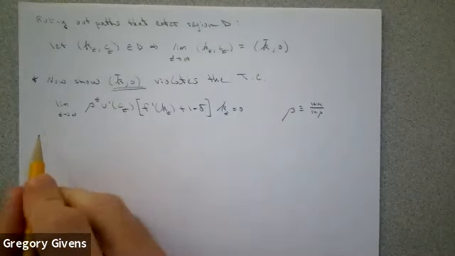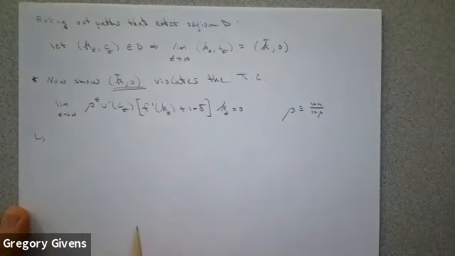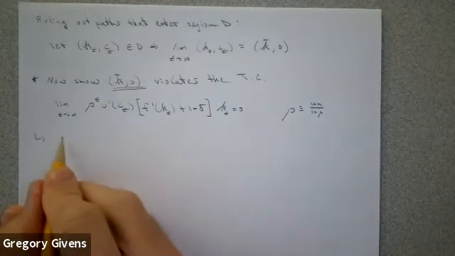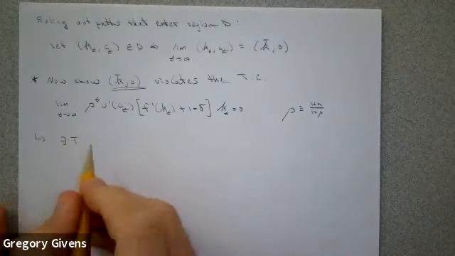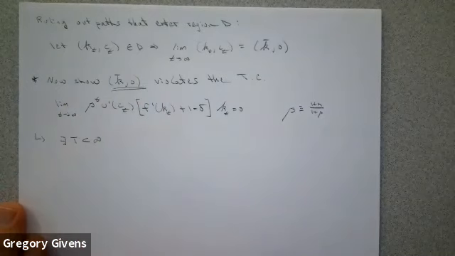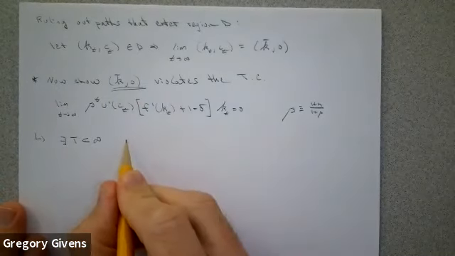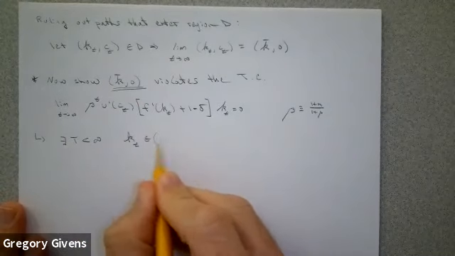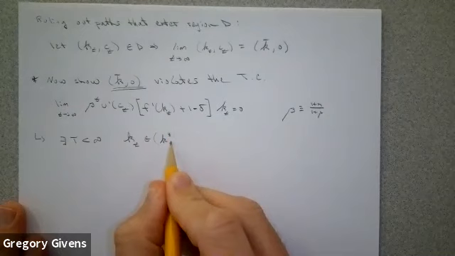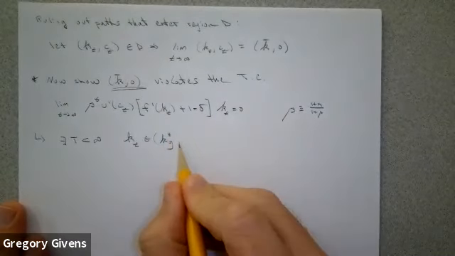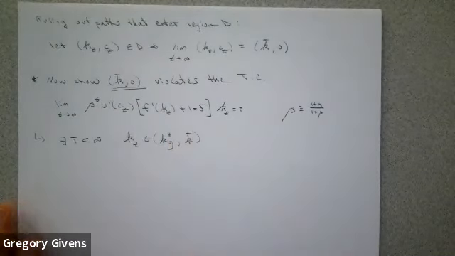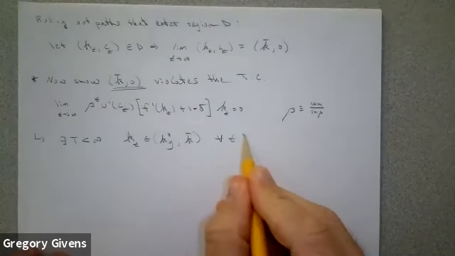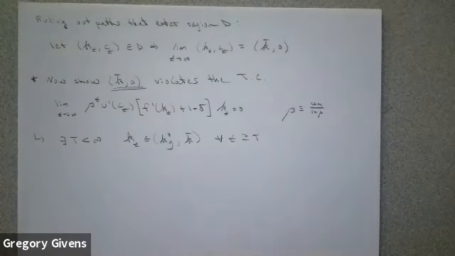Now you'll notice that for any path that enters region D, there's going to exist some finite time, let's call it capital T, for which the capital stock is going to be greater than the golden rule level of capital, but less than this maximum sustainable level of capital. And that's going to be true for all t greater than or equal to capital T, right?